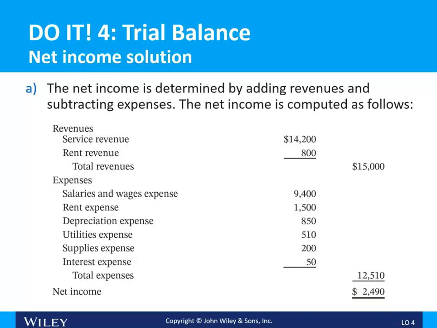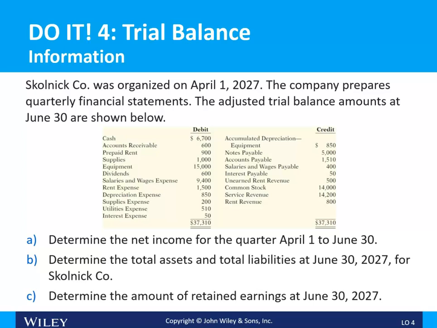Okay, I'm going to flip back. We're going to look at B, determine total assets and total liabilities. Okay, so what are our asset accounts? Assets have a debit balance. Remember, debits are expenses, assets, and dividends.